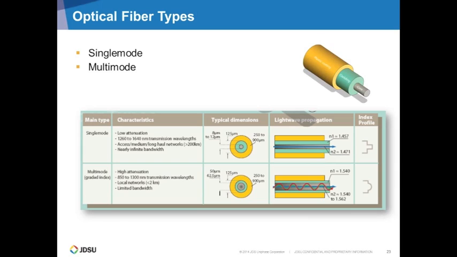For fiber to the antenna, the fiber that is installed depends on different configuration. Can be multi-mode in single mode. As you see here, the difference in the performance of these fiber types will determine what fiber type is used when and where.